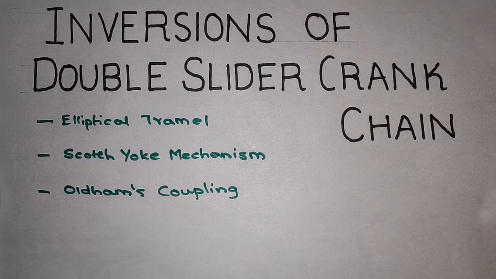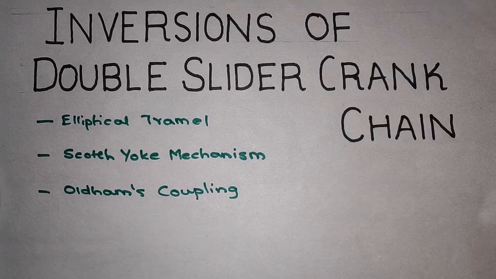So friends, let us see first what is a double slider crank chain. A double slider crank chain is a mechanism again having four links, but unlike the single slider crank chain, we have double sliders in this mechanism, and both the sliders are connected with a connecting rod. These two sliders slide in two separate cylinders which are considered as fixed, and they are the first link.